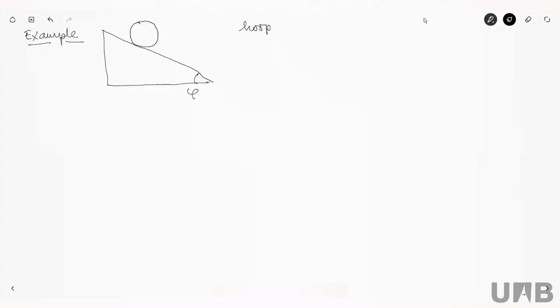So the example that I like to look at is the following. So we have a hoop. This is the hoop. And this hoop is rolling down this inclined plane without slipping.